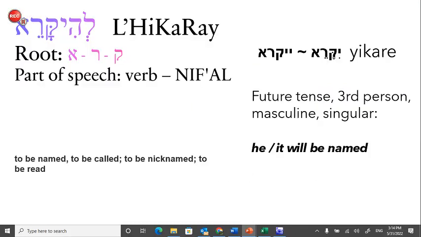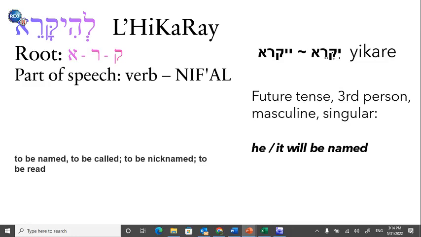So the Vayikra, I just want to prove that it means to be called by your name, or the calling of your name. The verb in this word is the calling of somebody's name. It's the Nifal verb. The root is right here, Kaf, Resh, Aleph.